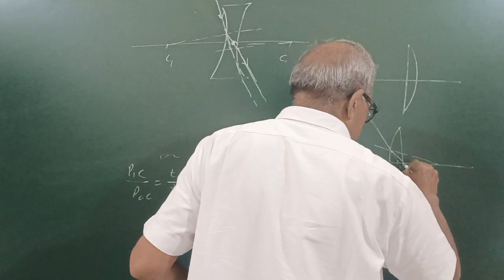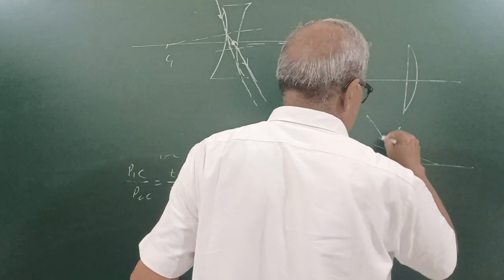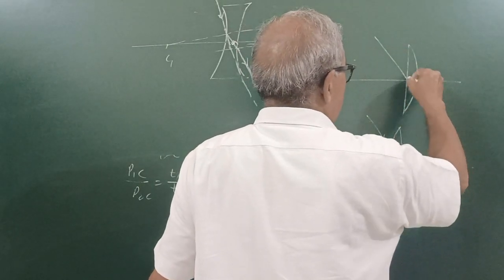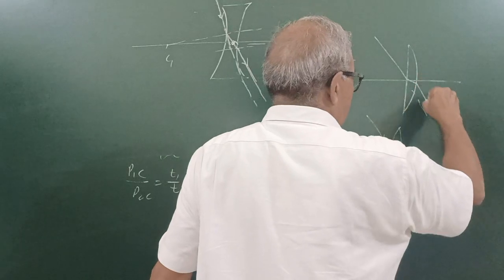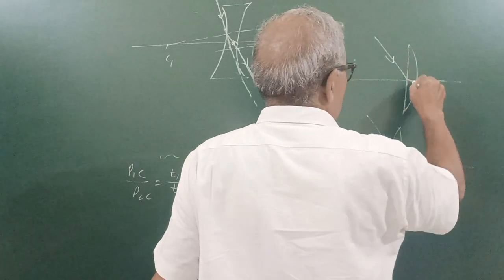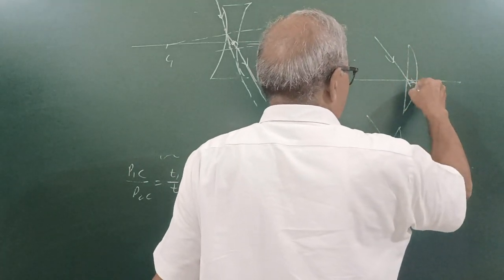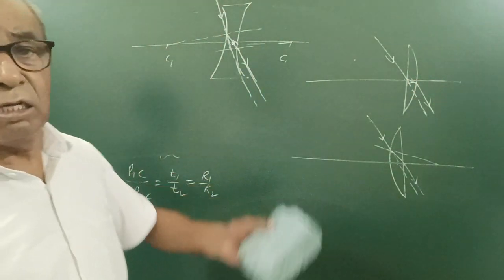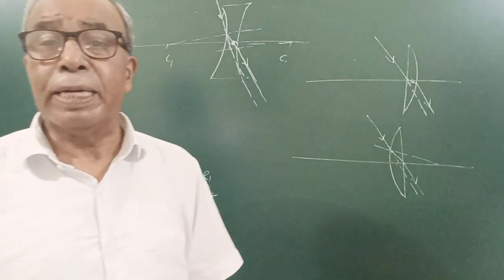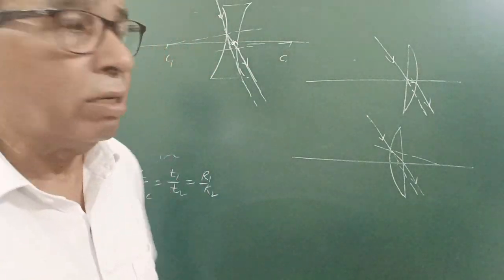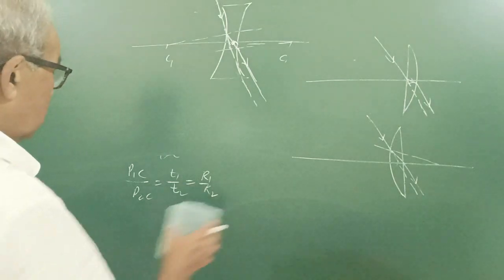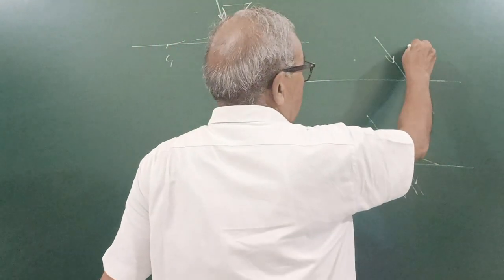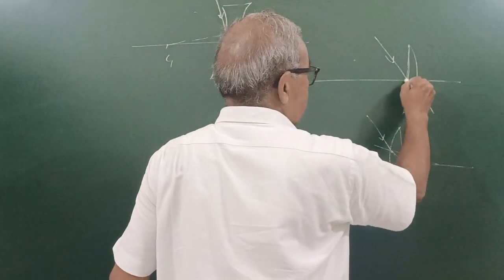And here it will come out again parallel to this. But remember, in case of thick lenses, lateral displacement is significant. But if lenses are thin, then this is not there. So here the optical center is lying on the surface.